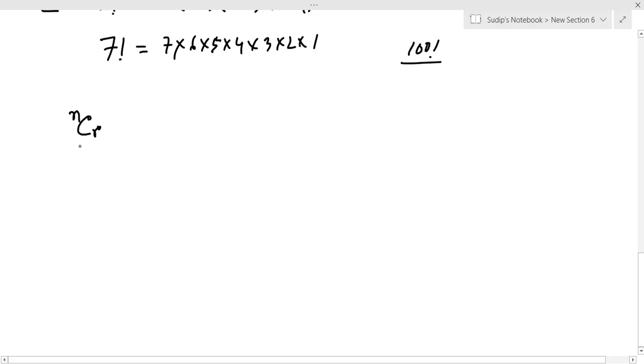This sign is used in combinations, in combinatorics.